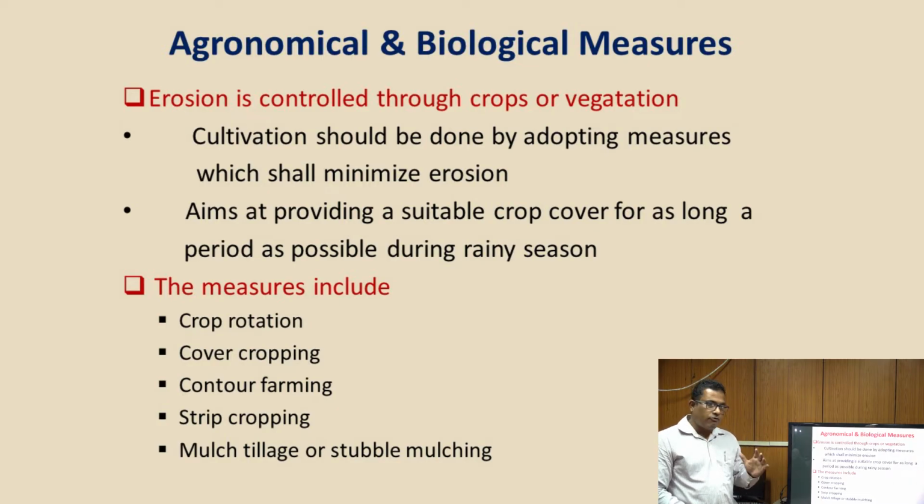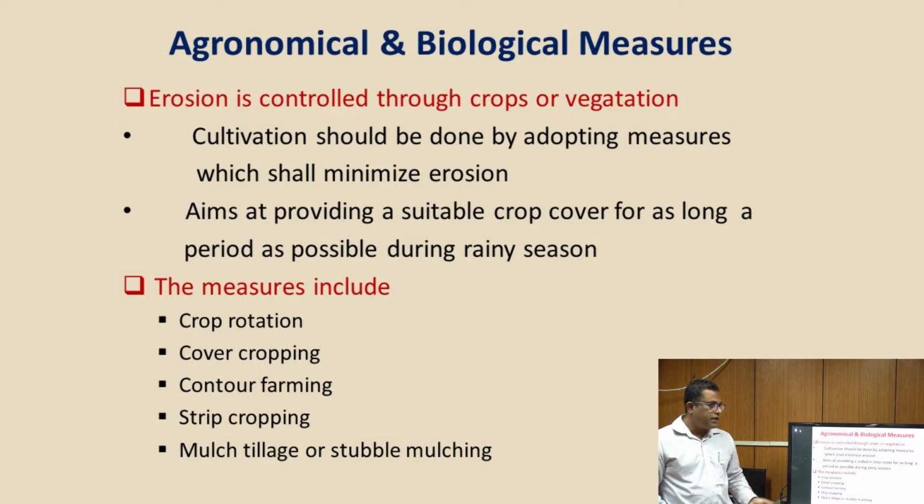So if we cover the soil with whatever material is available, like bushes or crop cover, it will intercept the impact of the raindrop. That is, the kinetic energy with which the raindrop falls on the soil is reduced and trapped by the vegetation, so the erosion effect is minimal.